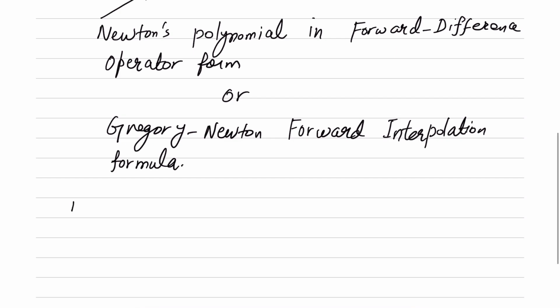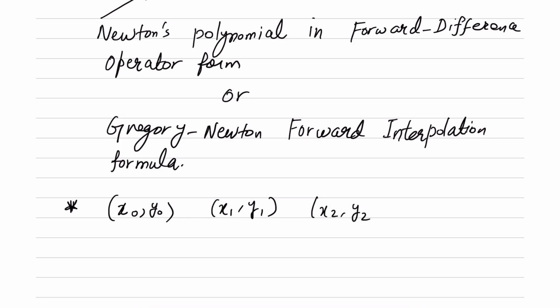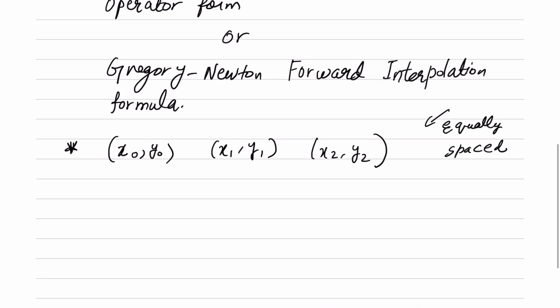Let's write Gregory-Newton forward interpolation formula for 3 points now. x0, y0, x1, y1, x2, y2. And remember that this data is also equally spaced. First, we will write only the Newton's polynomial using these 3 points.